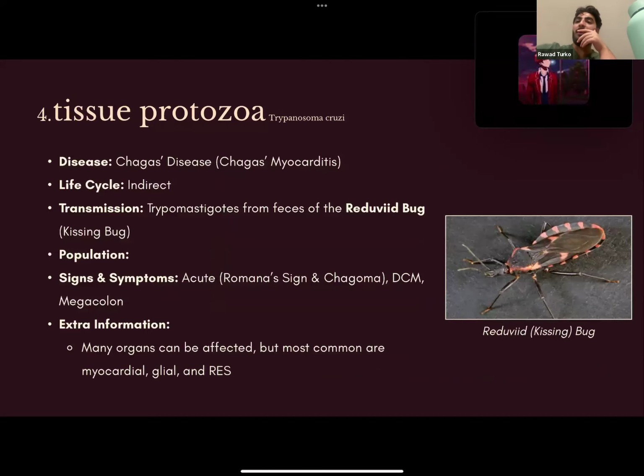Okay. All right. Moving on to tissue protozoa. So we talked about African sleeping sickness, which was Trypanosoma brucei, gambiense, or rhodesiense. Now we get into Trypanosoma cruzi. What's the disease? Chagas disease, or Chagas myocarditis, because it can affect the heart.